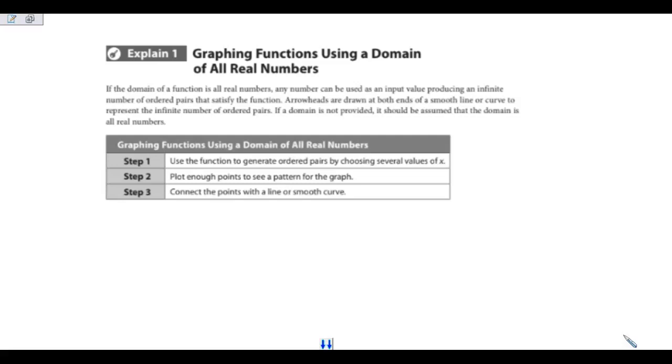When we're graphing these, we're going to use the function to generate ordered pairs by choosing several values for x. And then we're going to plot just enough points to see a pattern for the graph, and then connect the points. And that's either going to be a straight line or it could be a smooth curve, okay?